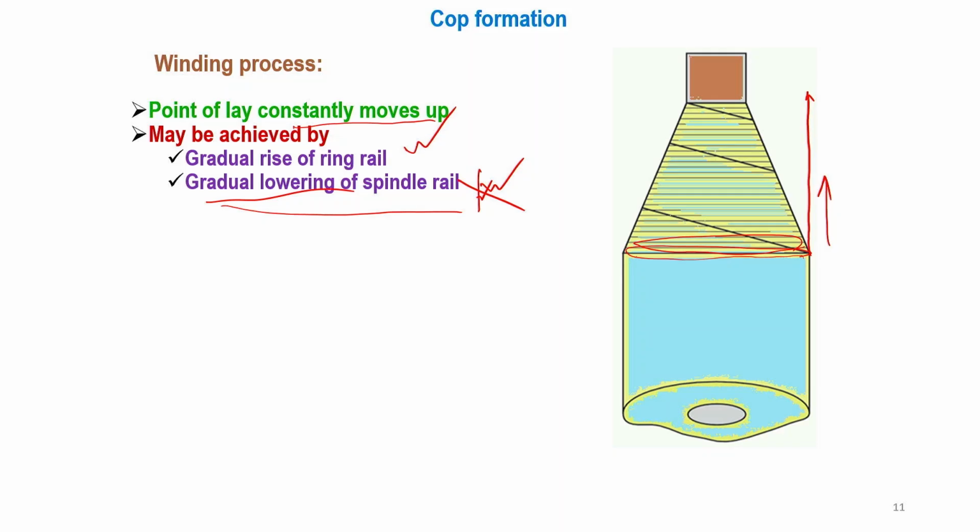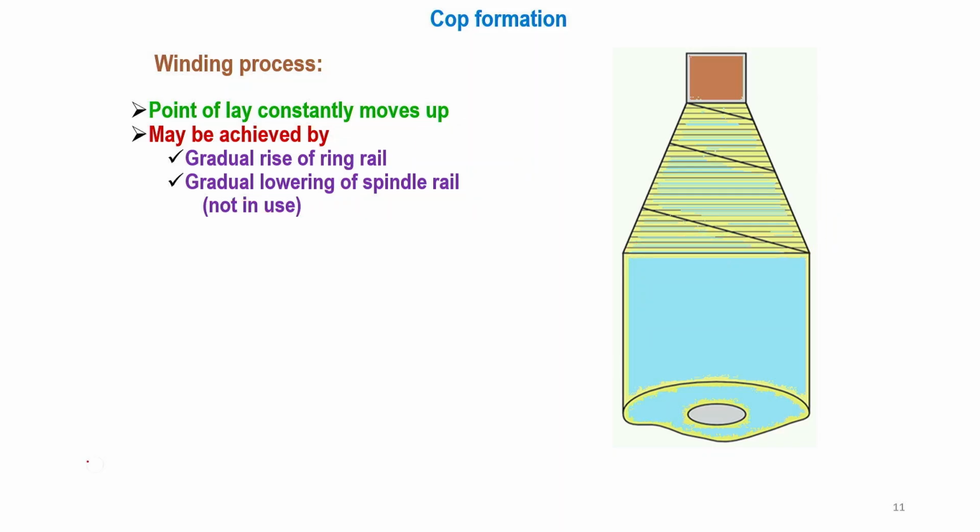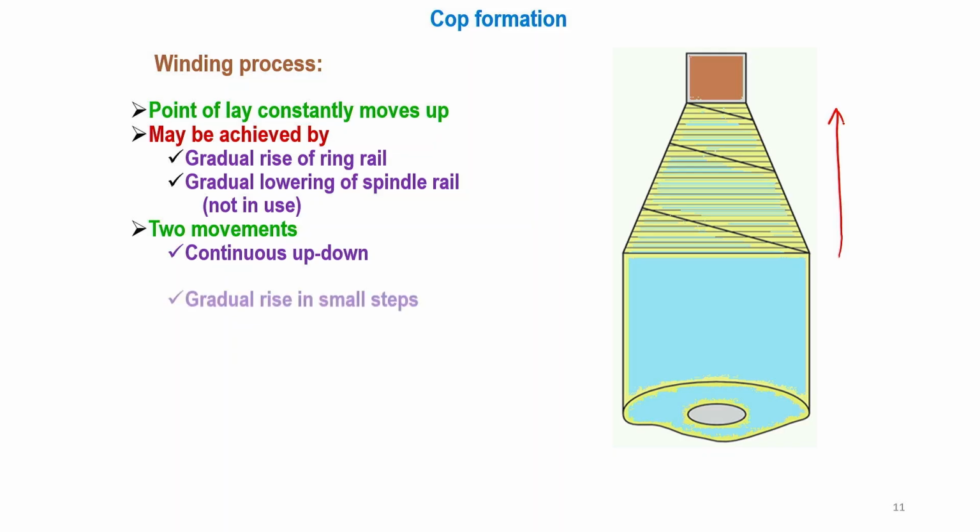So, during the winding process, gradual rise in the ring rail is adopted. Spindle rail movement is not in use. There will be two types of movements: one is continuous upward motion, another is gradual rise in small steps.